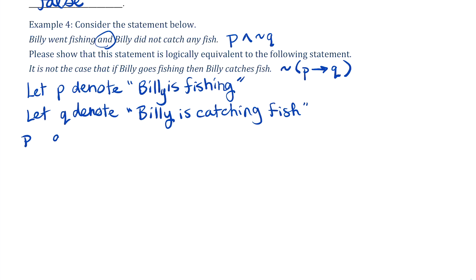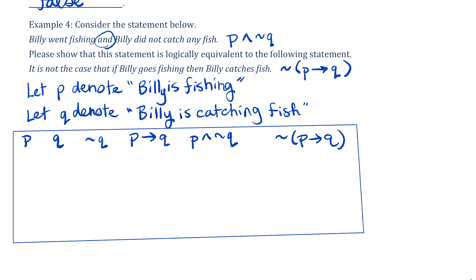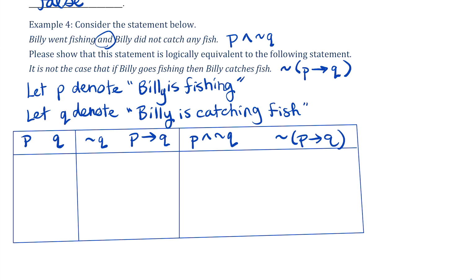So P, Q, we're going to need a not Q, a P implies Q, and then we'll have P and not Q. And over here we'll be comparing to see if not (P implies Q) and P and not Q are equivalent. All right, here we go.